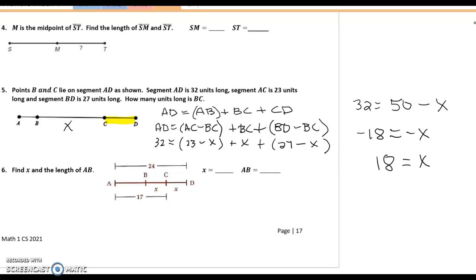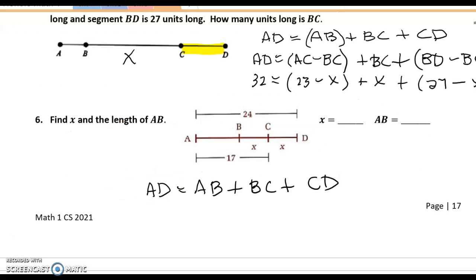All right, so let's see what you can do with problem number 6. Again, you need to set up your plan using segment addition or segment subtraction to write an equation to help you solve for x. So the plan for using segment addition: AD is equal to AB plus BC plus CD.